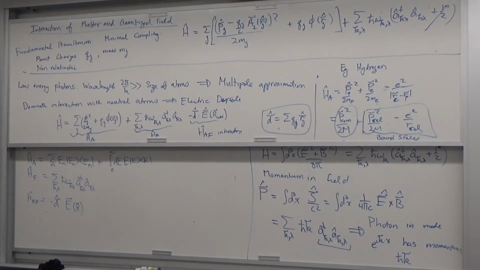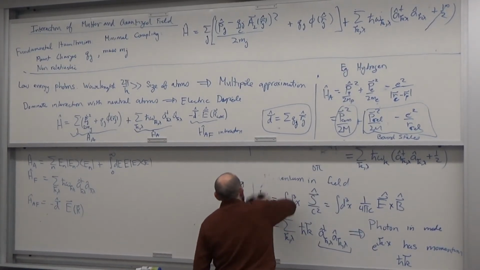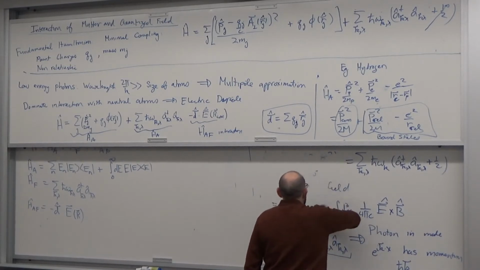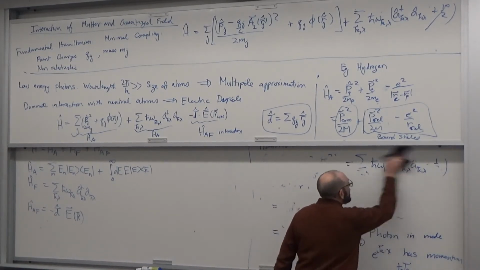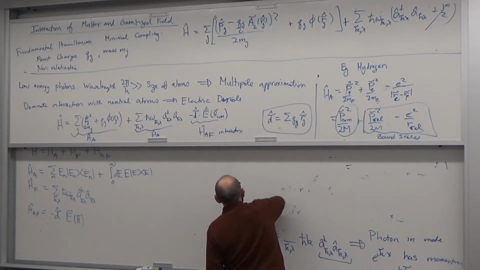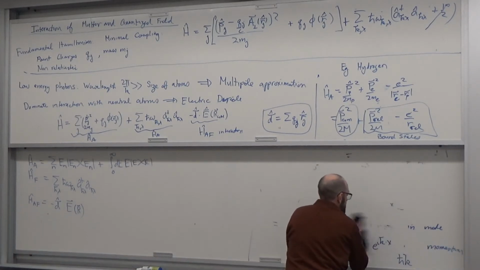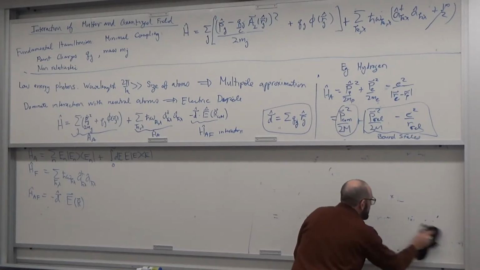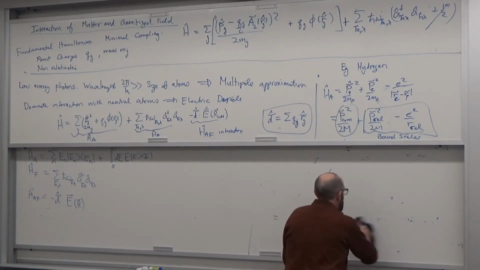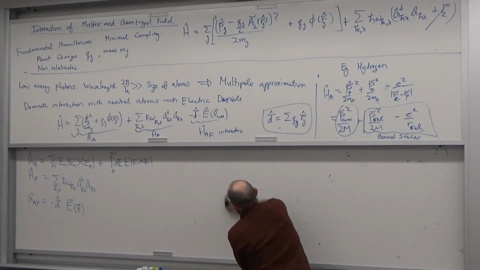Okay, so far we have made the approximation that the atoms are moving non-relativistically, in which case we made a multipole expansion, and kept only terms up to the electric dipole moment. We made what's called the electric dipole approximation.